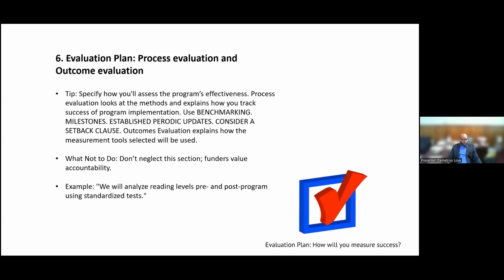So that lets them know that you have a way to look and see if your program is working, which is important because it tells the funder, if there's a setback, because you have a setback clause. Let's say I am noticing a trend that I am coming in around a 4% increase every 90 days. If that is the case, anything between 4 to 7%, then I will adjust my method.